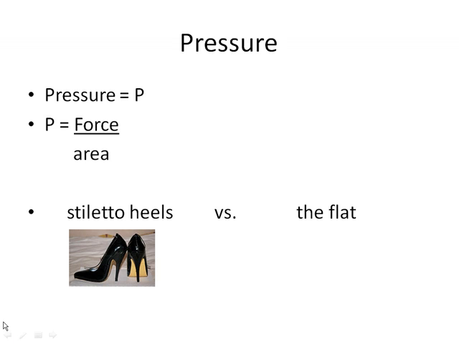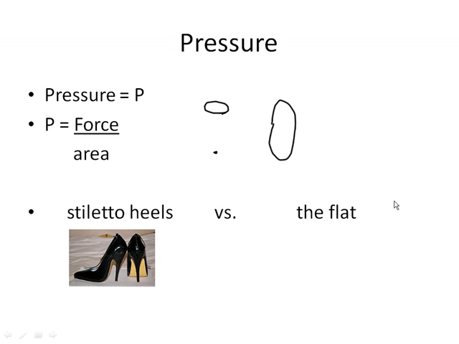And a practical application here is if you've ever worn a pair of stiletto heels versus a flat, there's a different amount of area, right? So if we were to draw what your foot looks like in a stiletto heel, you have a little tiny place where your toes are, and then you have the heel versus the flat, where you have lots of surface area contact between your foot and the floor.